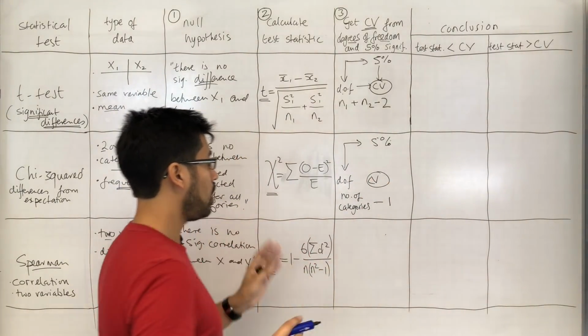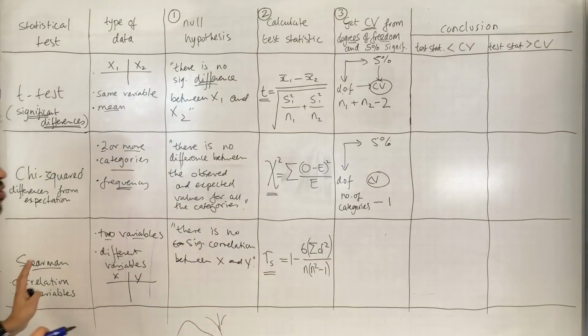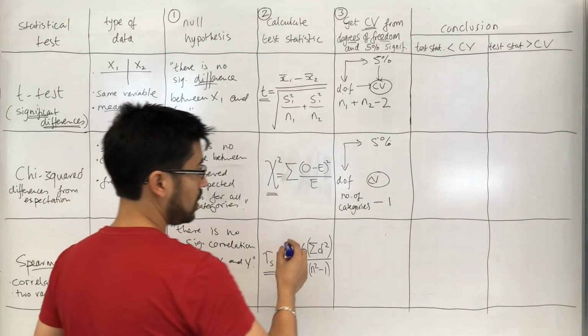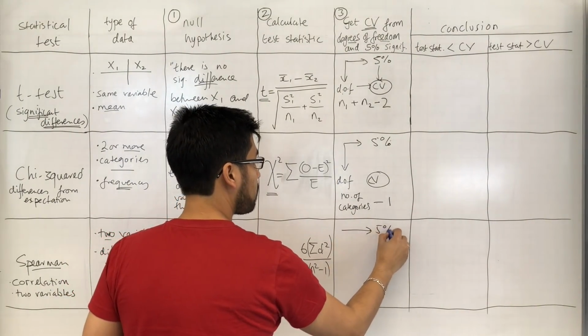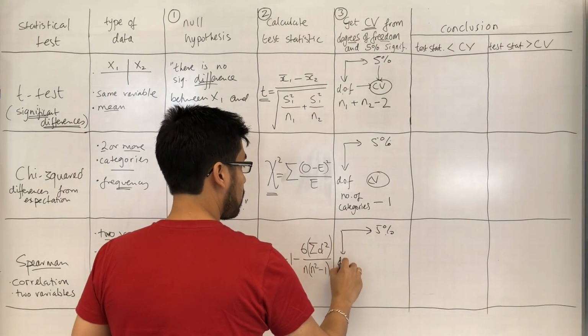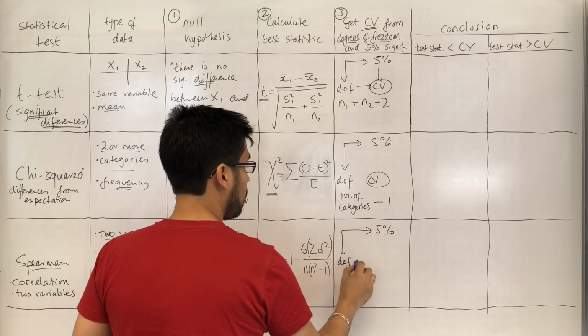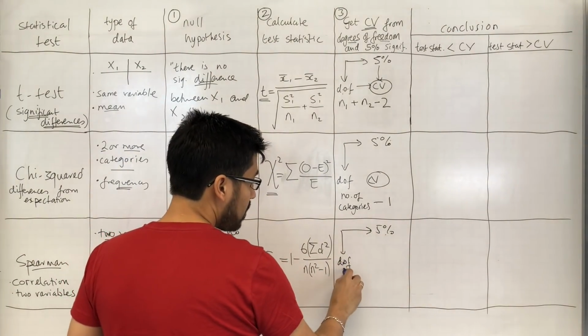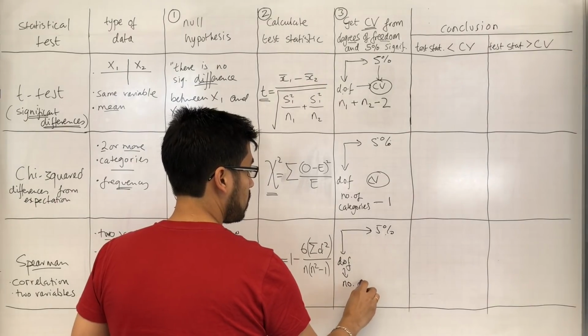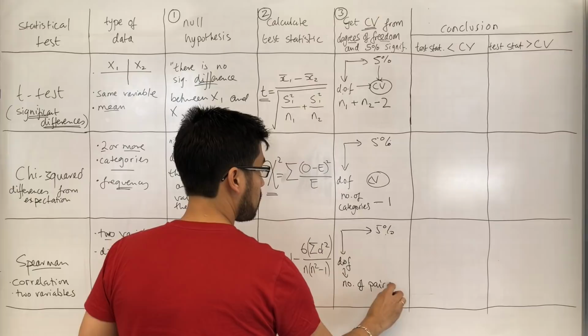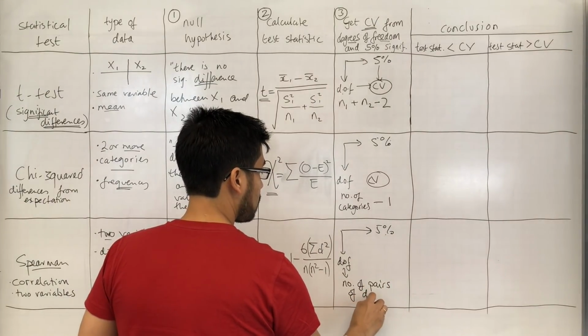For a Spearman rank correlation test, again, we go across 5%, we go down the degrees of freedom, but the way we get that is the number of pairs of data.